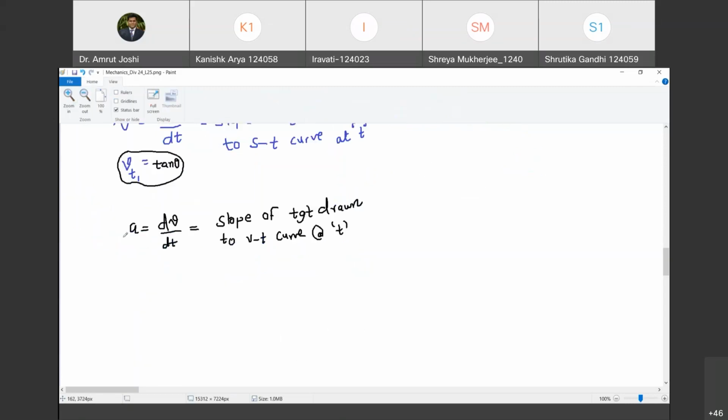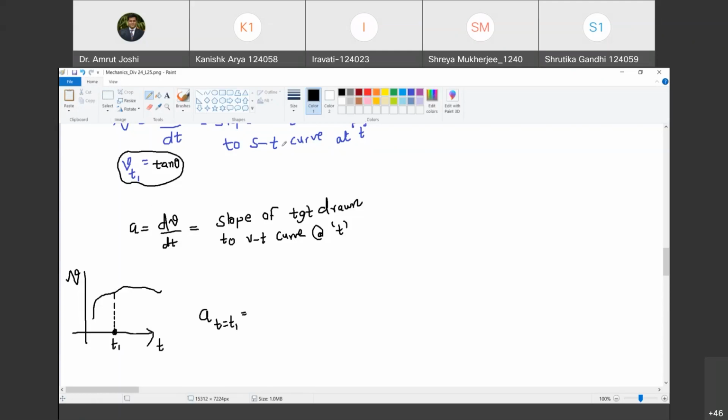On similar lines, if I have a velocity versus time diagram of this nature, this is velocity and this is time, and I were to find out acceleration at time t equal to t1. Are you with me? Yes, sir. So what will I have to do? At time t1 I will have to draw a tangent.